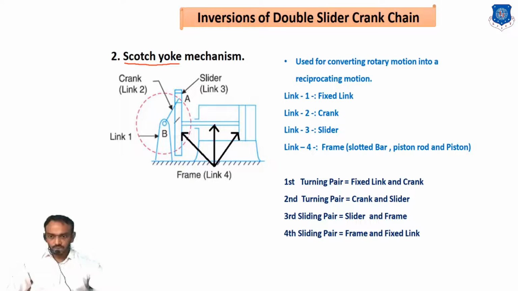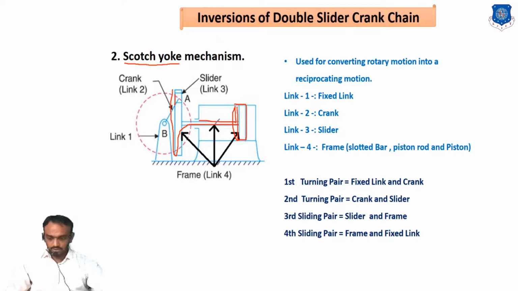Then link number 2 is the crank, and connected to it inside is this piston, link number 3. Link number 4 is this slotted bar, and inside of that this piston.